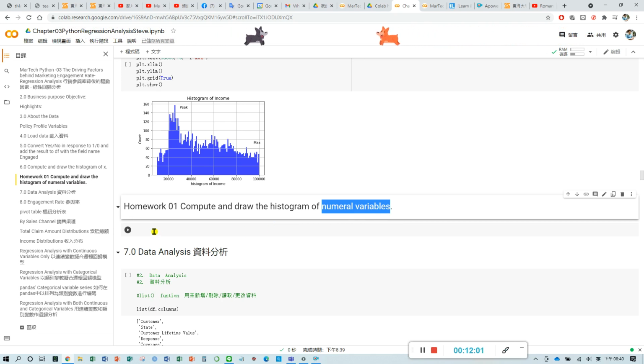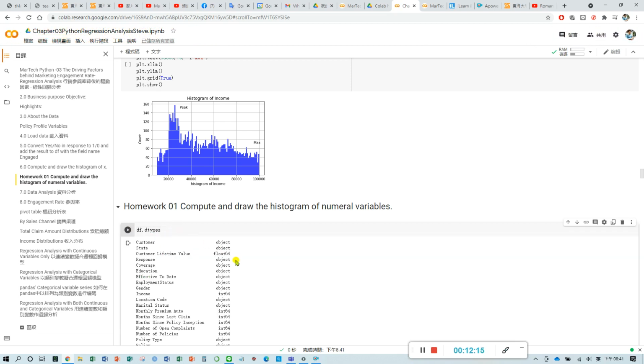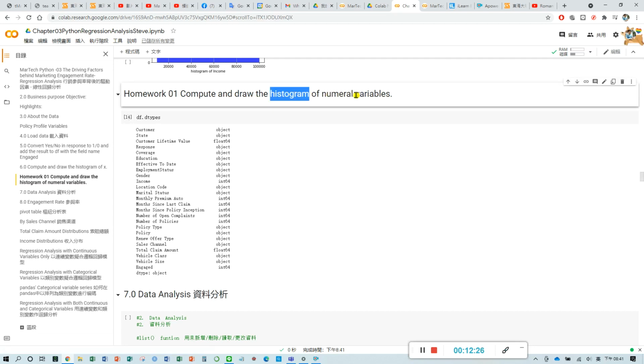Don't forget to use df.dtypes, right? Okay, so for homework 1, I'm asking you to draw the histogram for each numerical variable.